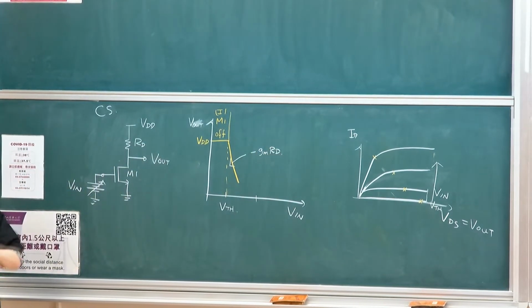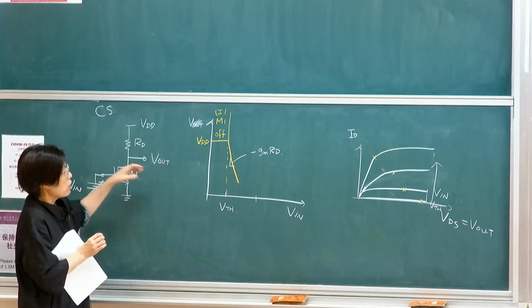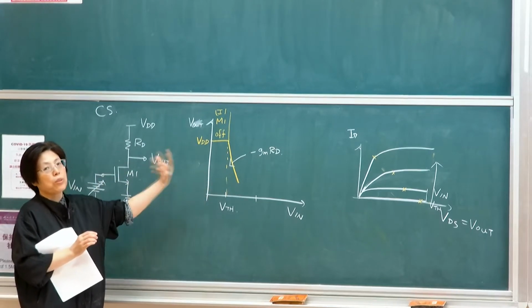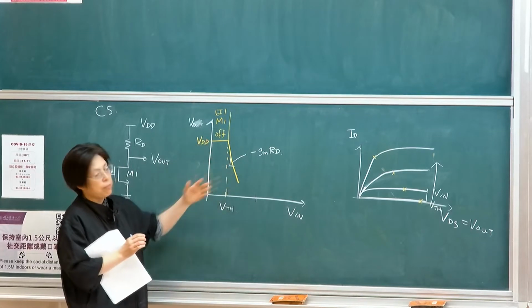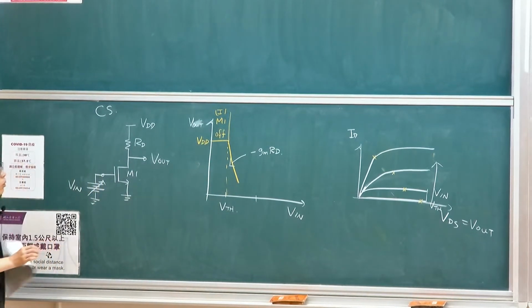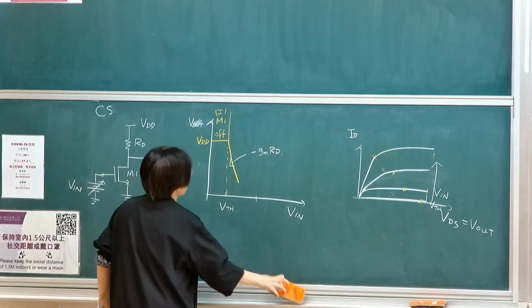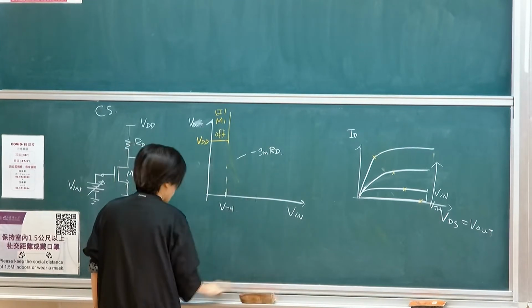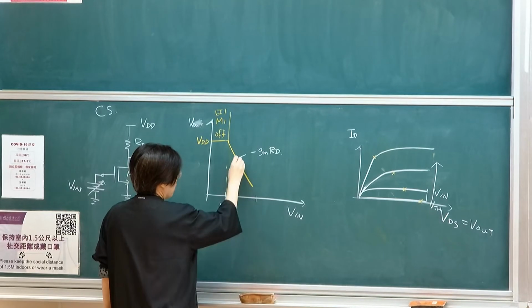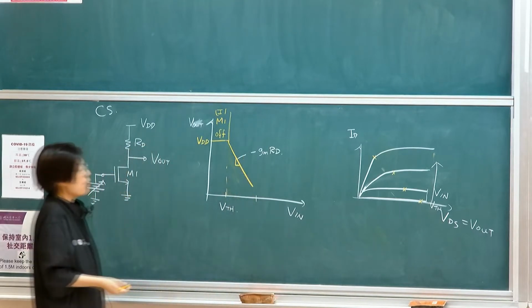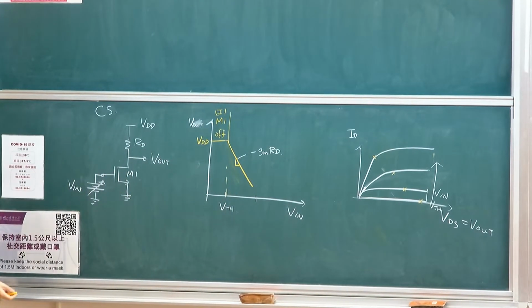Even though it might not be a straight line, because gm actually increases with increasing current as Vin increases, it's not necessarily a straight line. I'm just using a straight line to represent that this is the highest gain region. Let's see if my RD is not too high. It will drop like this. So the slope is minus gmRD.